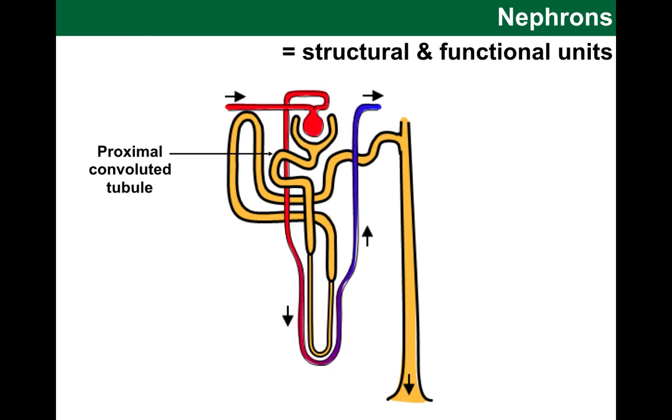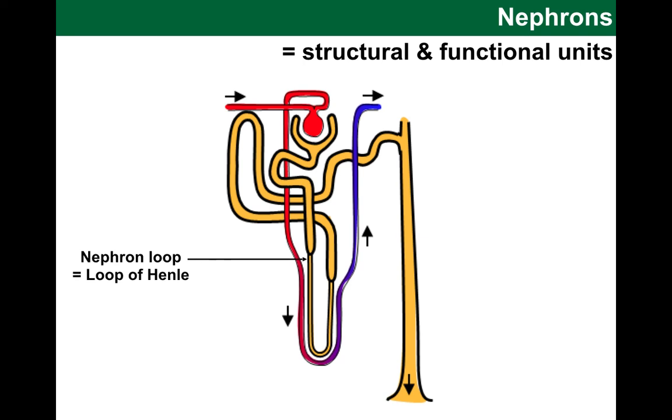Then, from the Bowman's capsule, we have a proximal convoluted tubule. Note the name, proximal. This is closer to the renal capsule. And now, we have a nephron loop, which is sometimes also known as a loop of Henle. This is a U-shaped structure that consists of two limbs, descending and ascending limb.